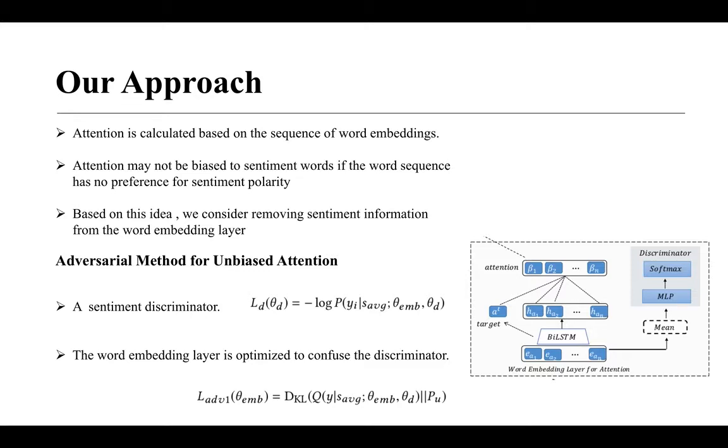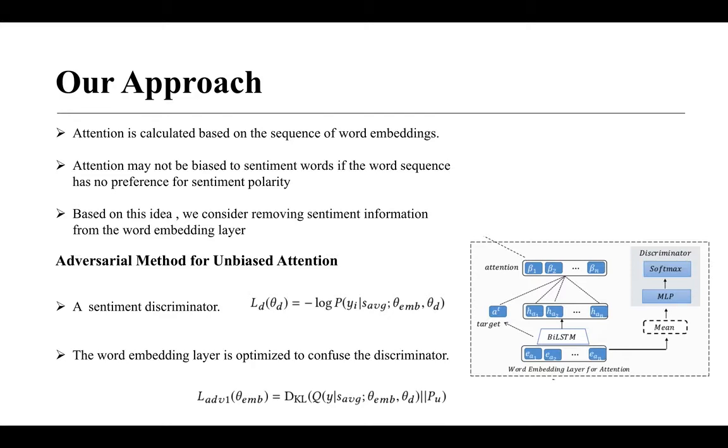According to the characteristics of the KL function, Q will be close to the uniform distribution when the adversarial loss function becomes small, which means that the word embedding layer for attention has low preference for sentiment polarity.